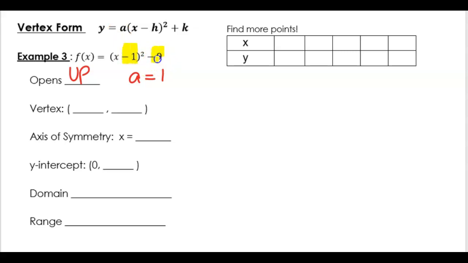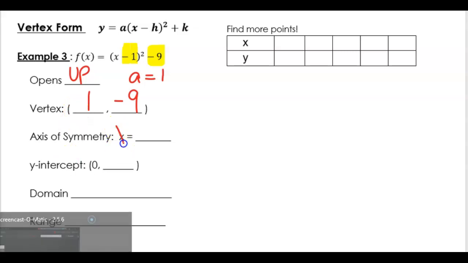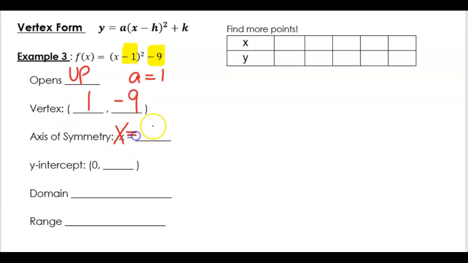The vertex are these two numbers right here, but what are you going to remember about the 1? X is a liar. If it says -1, the vertex is actually +1. The axis of symmetry has to go through the vertex.